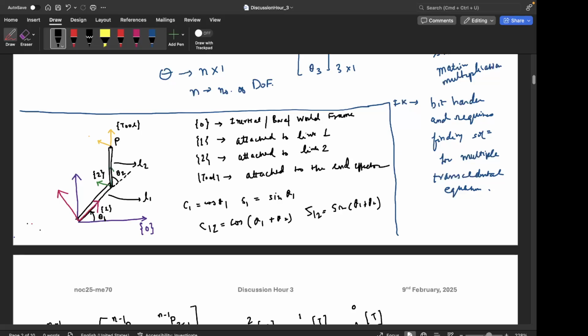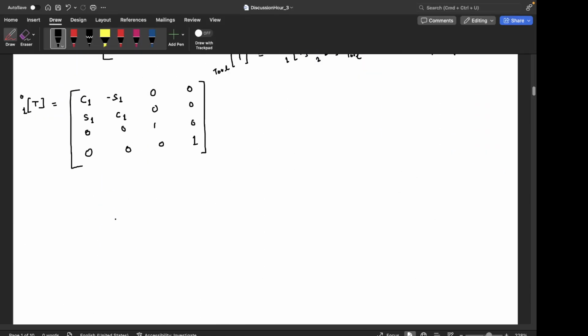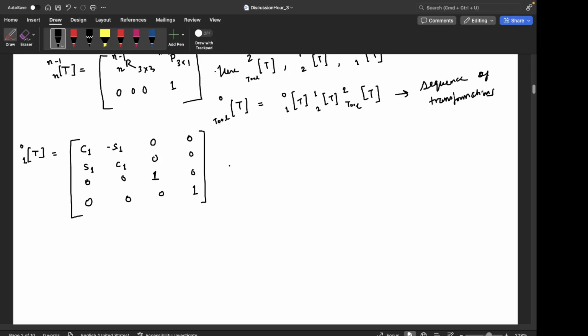They share the same origin, so there is no translation, just a rotation about the z axis, which is coming out of the plane. So a rotation of theta 1 about the positive z axis. The rotation matrix is cos theta 1, minus sin theta 1, sin theta 1, cos theta 1, and this is 1 because it corresponds to the z direction. So this is the first transformation matrix.